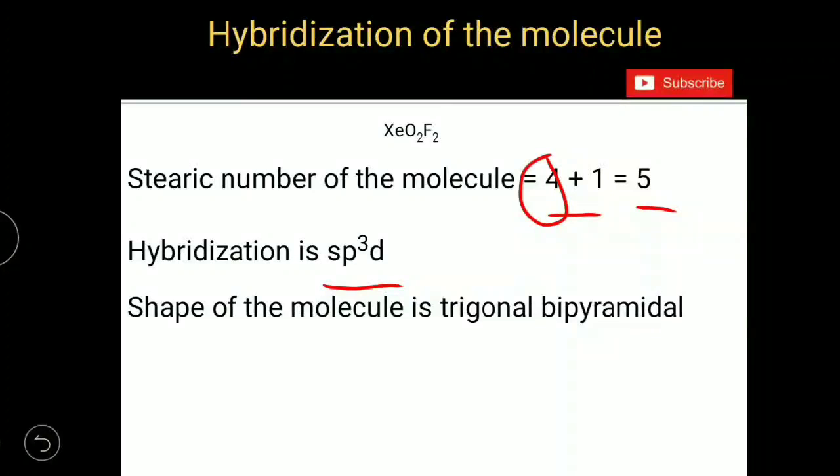In this trigonal bipyramidal shape, out of the 5 bond positions, 3 positions are present along the equatorial plane and 2 positions are present along axial positions. And we have 1 lone pair in this structure. That lone pair occupies equatorial position in trigonal bipyramidal shape. This is trigonal bipyramidal.